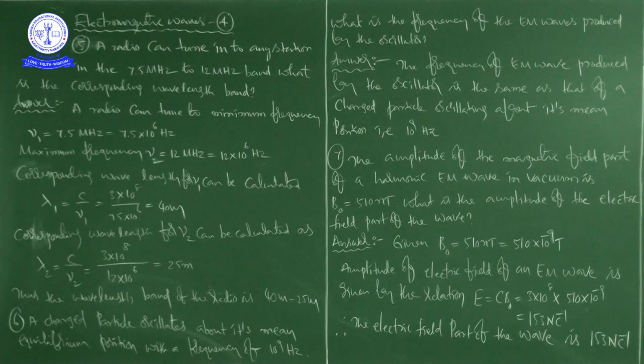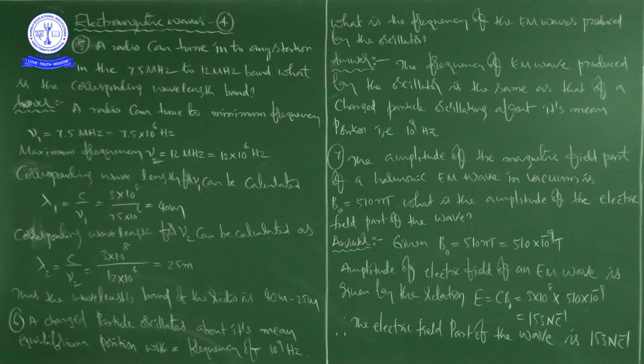In this problem number 7, by giving the amplitude of the magnetic field part of a harmonic electromagnetic wave in vacuum, he is asking to find the amplitude of the electric field part of the wave.